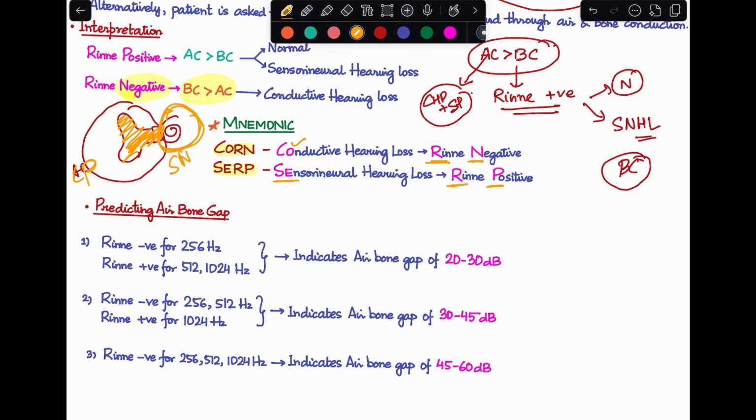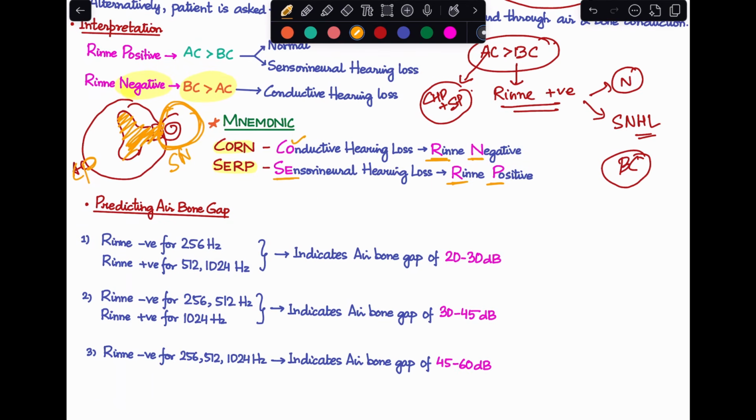Now, other than this, we can also use Rinne to predict the air-bone gap even before we have done any audiometric test. If the Rinne is negative for just 256 Hz and it is positive for the other two tuning forks, this will indicate an air-bone gap of 20 to 30 decibel.